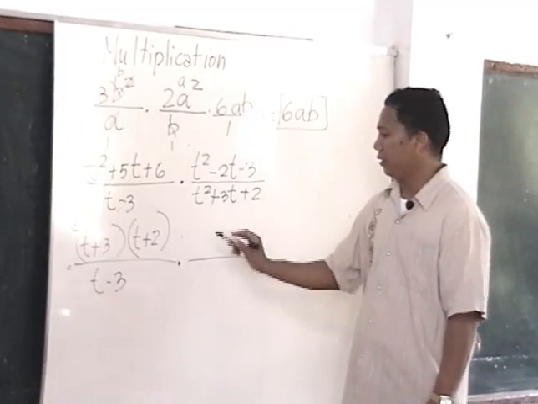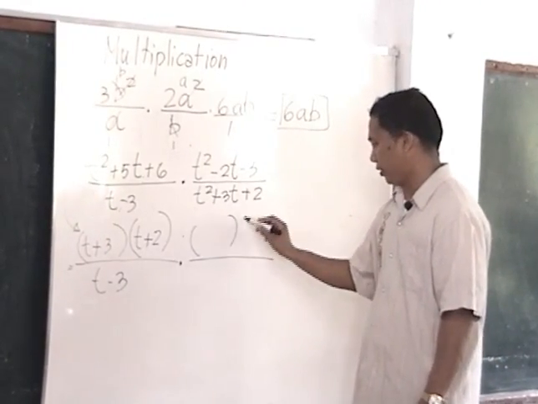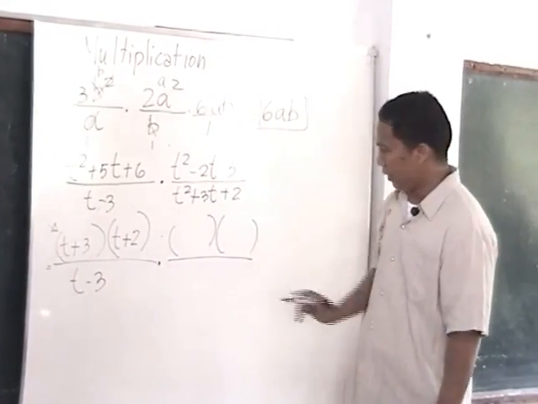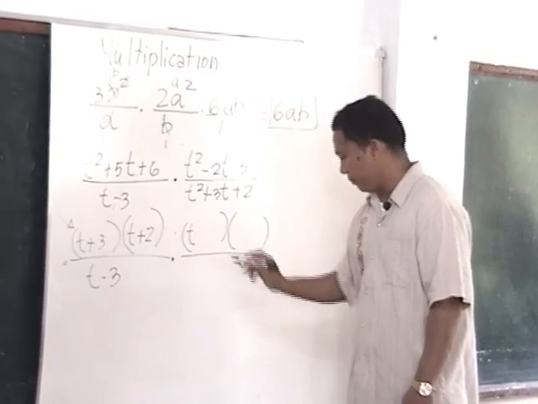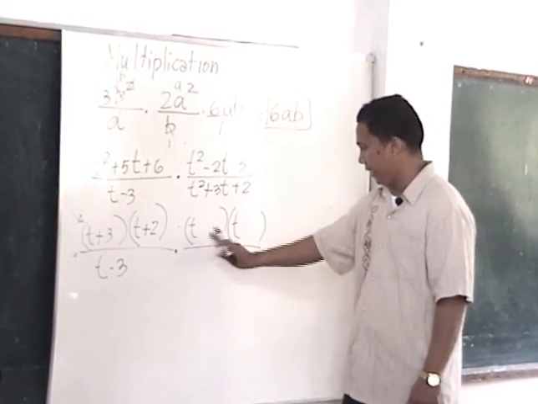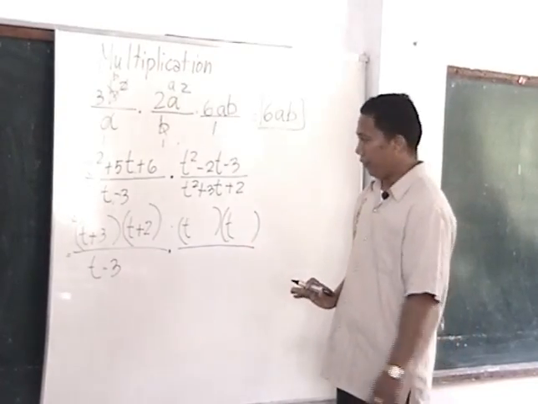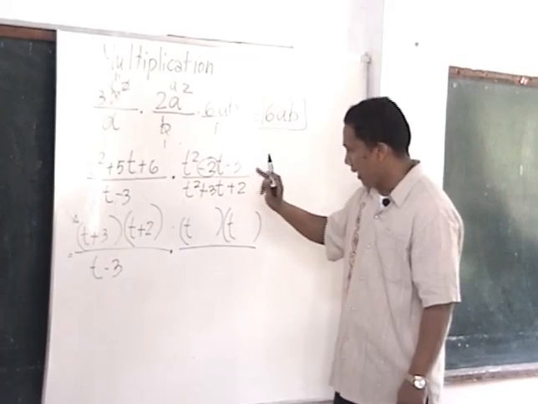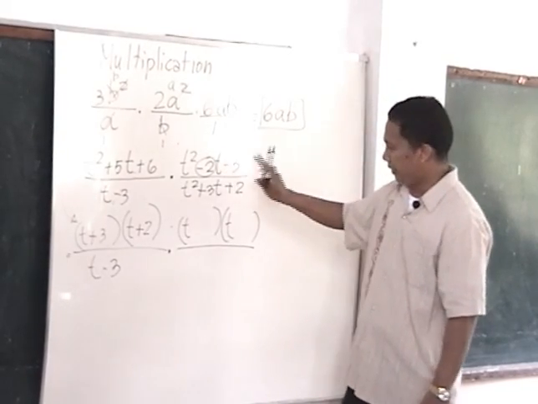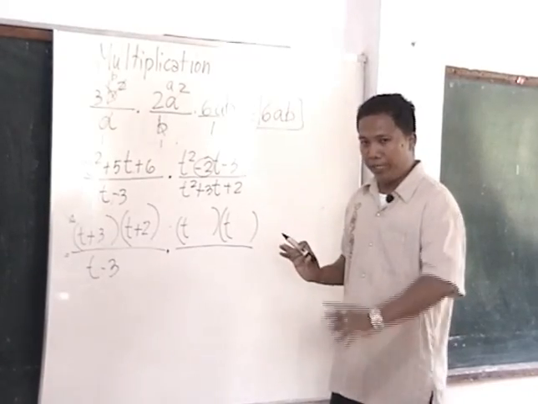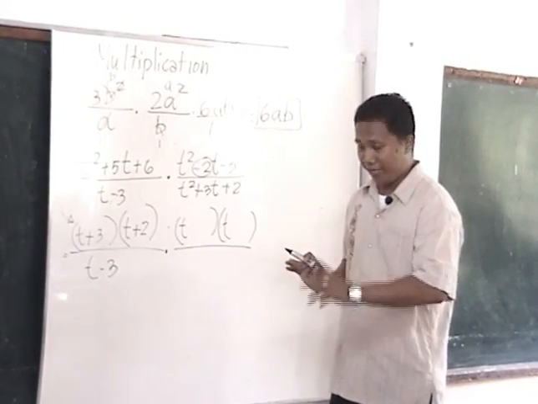So based on this, what are the factors of t squared minus 2t minus 3? So we first determine the value for t squared. So we have t and t. And then we have the value for the second term, which is negative, and the sign of the last term is negative. So we are dealing with a plus and a minus.